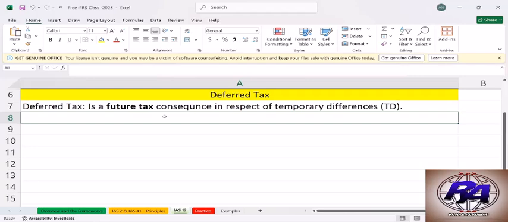Because of that, the differences give rise to what we call temporary difference. What you do as a company, and what the tax authorities give you to do, the differences in them create what we call temporary difference, which gives rise to the future tax consequences. We will come to temporary difference.